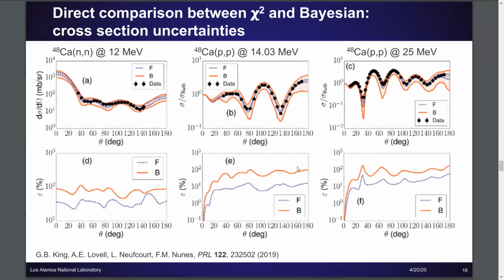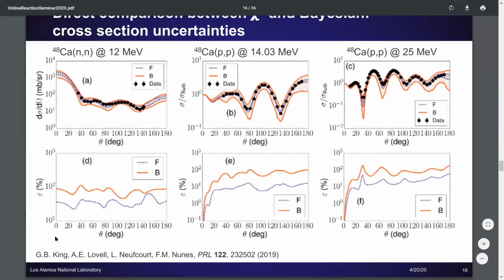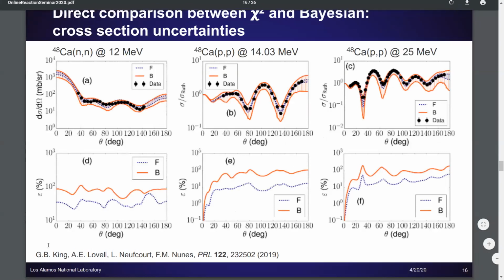So the next thing I want to talk about is this work that was led by Garrett King, who was an undergrad with us at MSU and is now a grad student at WashU in St. Louis. He led this nice effort to directly compare the uncertainties between the chi-square minimization and the Bayesian methods.